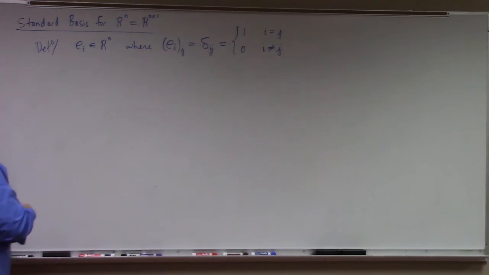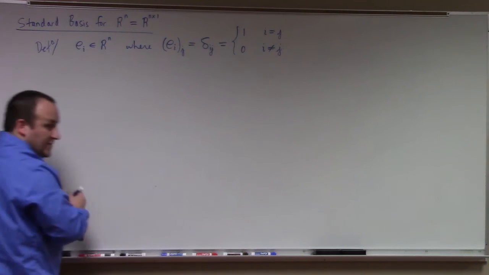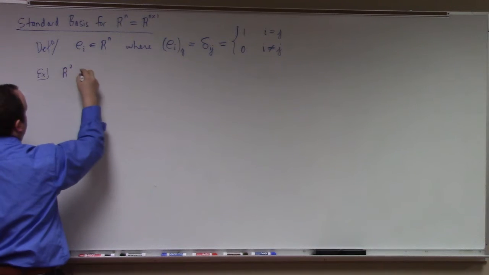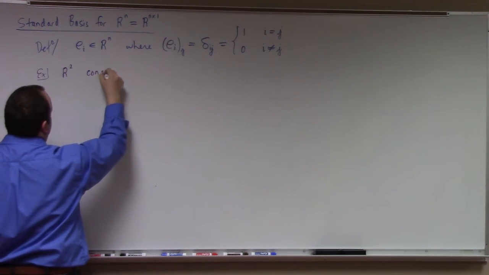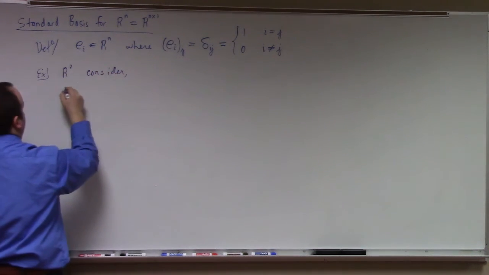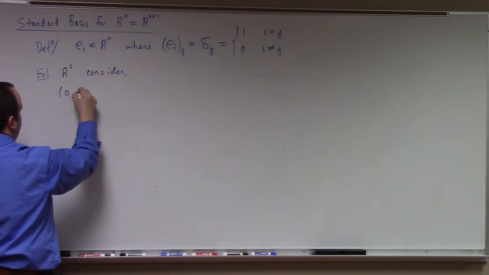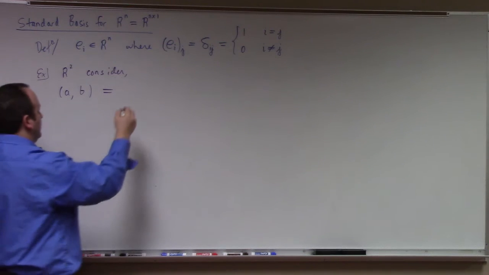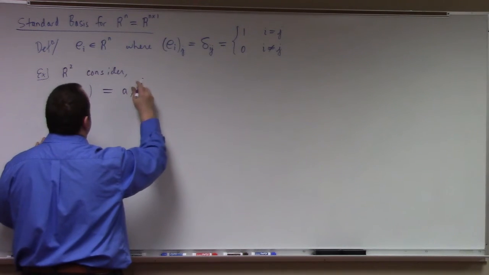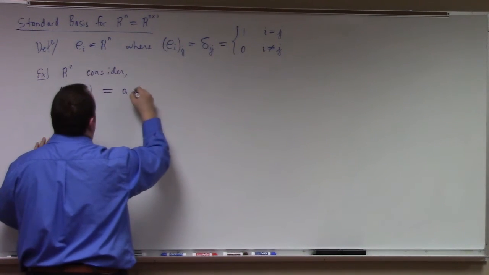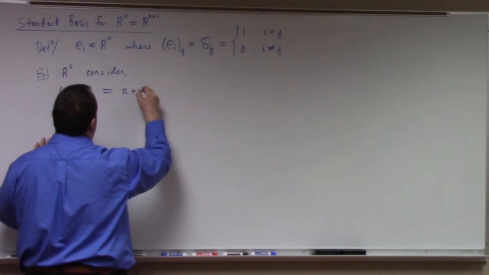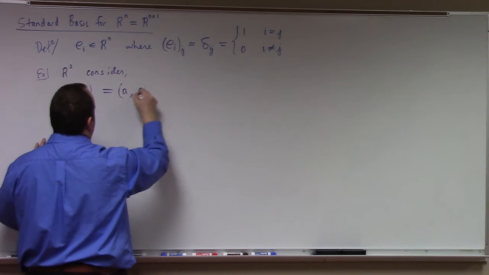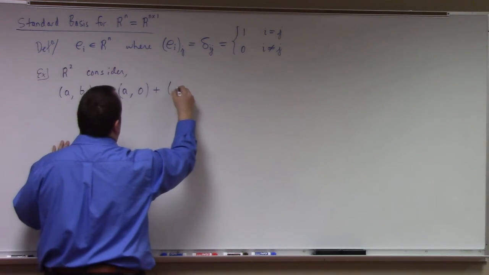So let me keep it kind of small here to start with. R2, right? Consider if we have the vector (a, b), right? I can write that as (a, 0) plus (0, b).